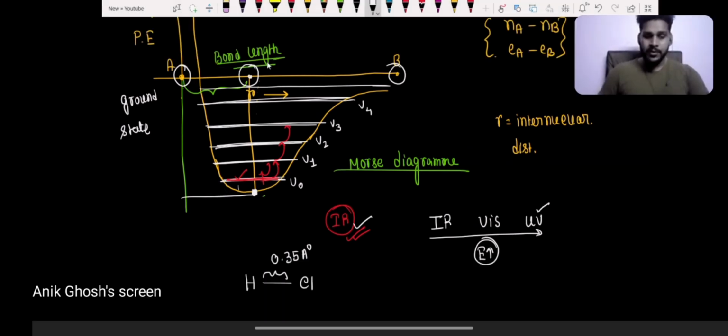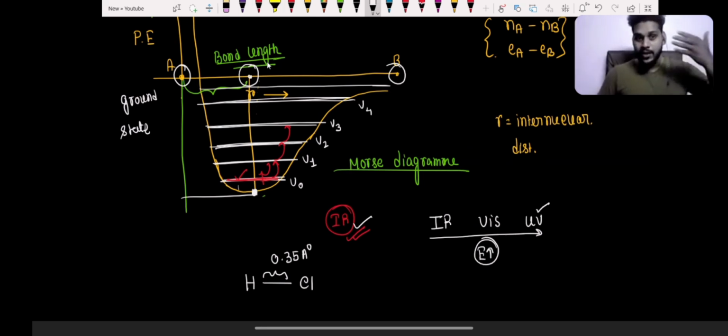Guys, I haven't really started teaching you about the Franck-Condon principle so far, so I'm just telling you the rest of the things. What would happen if, instead of IR frequency, I start giving it a UV level frequency? Then the transition won't be occurring in the vibrational level anymore. It would be occurring in the entire energy level.